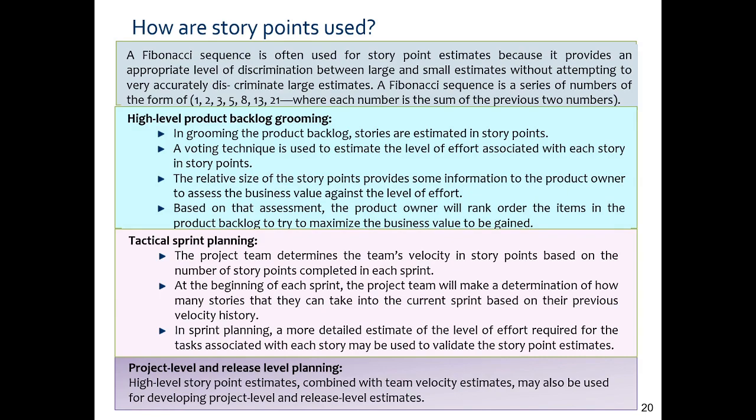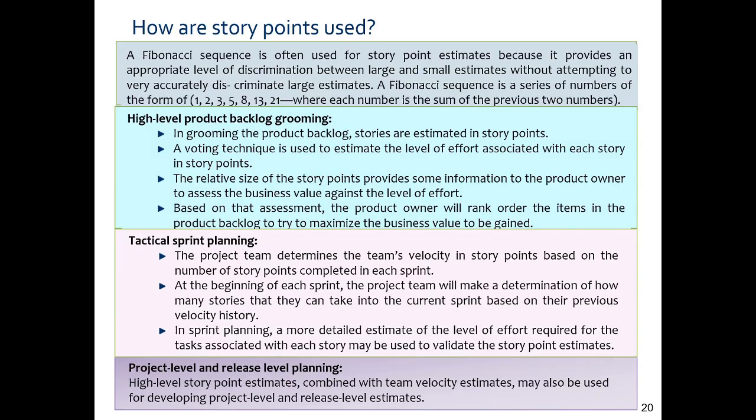So high level product backlog grooming and the voting technique is used. The team members come together and vote on what should be the correct story point, whether it should be 5, whether it should be 8, or it should be escalated to 21, and then the tactical one.